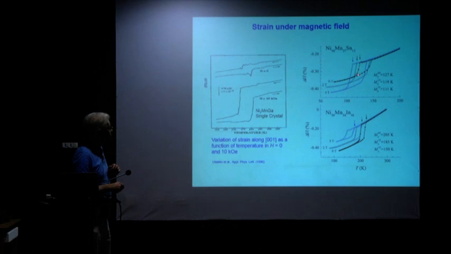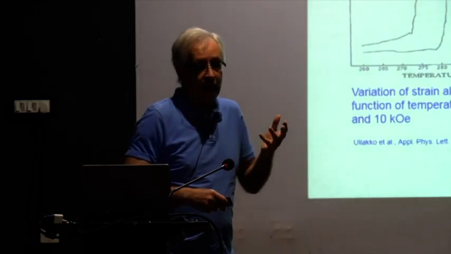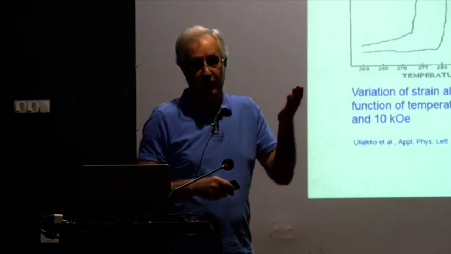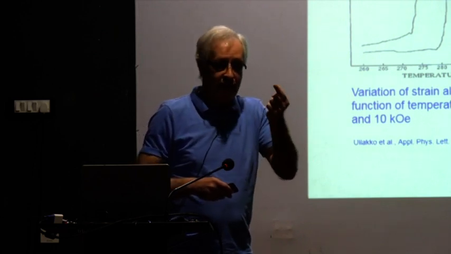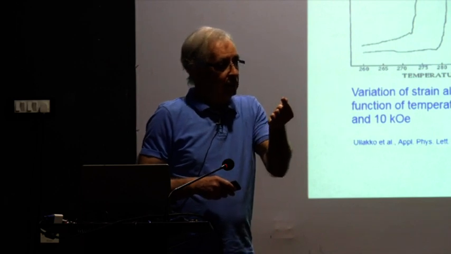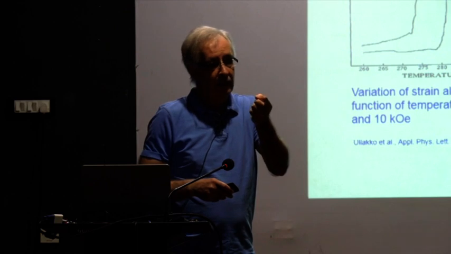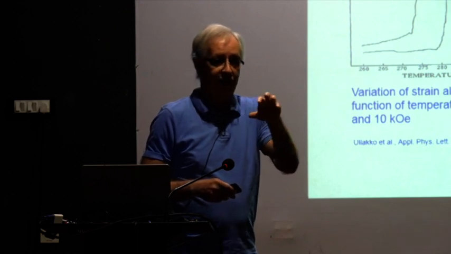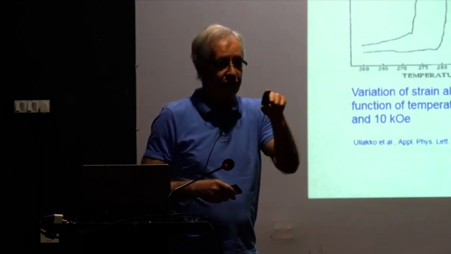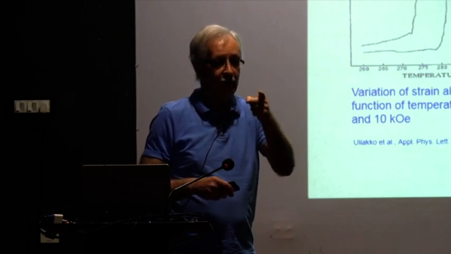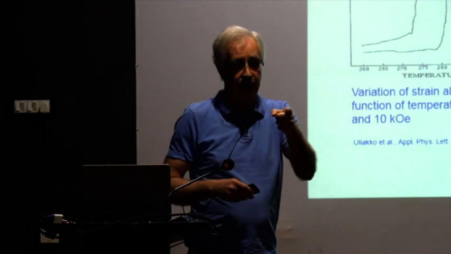When you apply a magnetic field, and the length change is changing, then the only thing that can lead to length changes in a magnetic field is the selective orientation of the variants by the magnetic field. So the magnetic field chooses a certain axis which is favorable to point in its own direction.